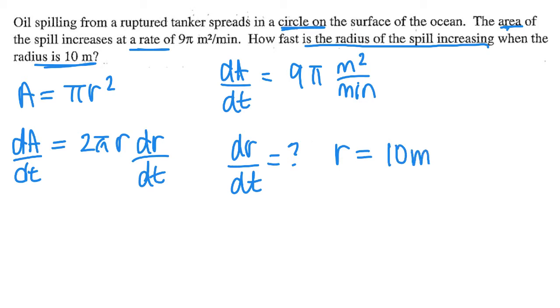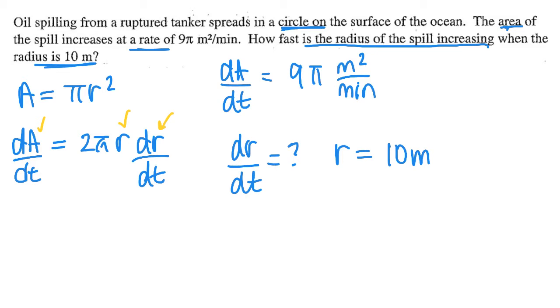So let's go look at our formula and see if we have everything we need. We're looking for dr over dt. That's what we're looking for. We have our radius, and we have our rate of change of the area. So now let's go plug in.